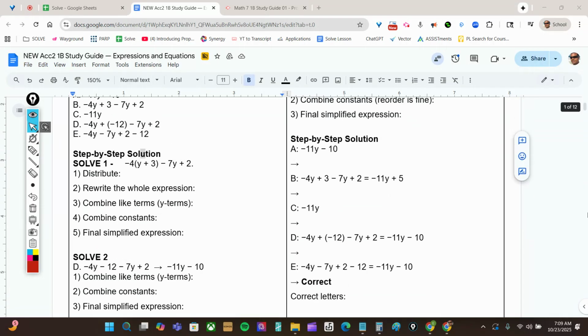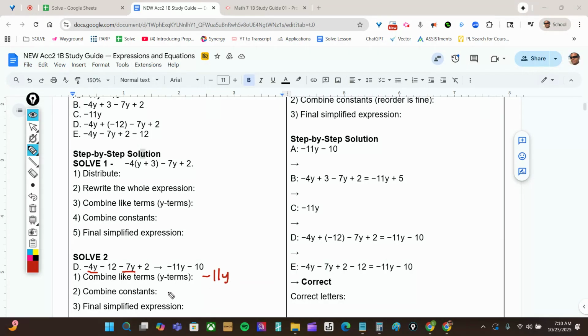All right. So solve number 2 means we're basically solving option D. Noticing this takes paper and pencil. So if you don't have paper and pencil, I don't know how you're doing it. So the first thing we're going to do is combine the y terms. So again, we got that negative 4y minus 7y, which is going to come to negative 11y. We've done that.